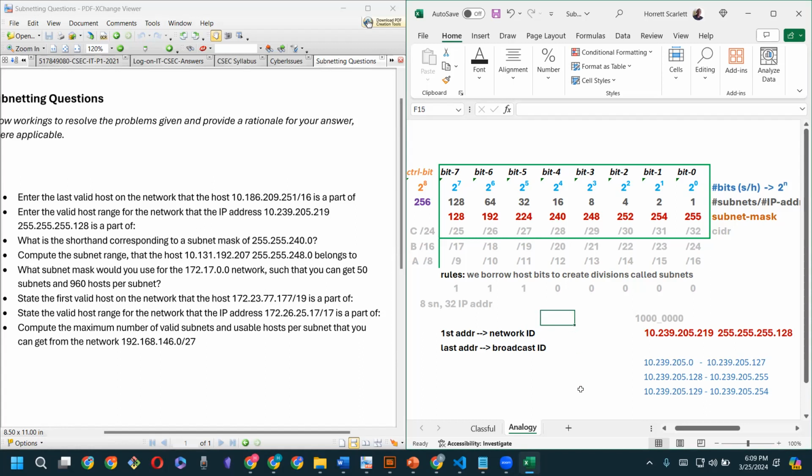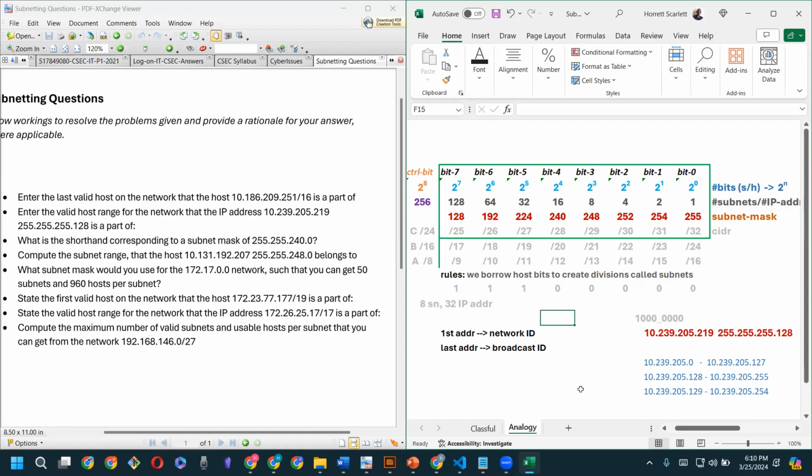So each octet comes with a total of 256 patterns. So if we're working in the last octet alone, the fourth octet, and we are saying that we're going to use some of these IP addresses to represent networks, and we're using some to represent IP addresses within those networks, then what it simply means is that we're chopping up that 256 into different components.